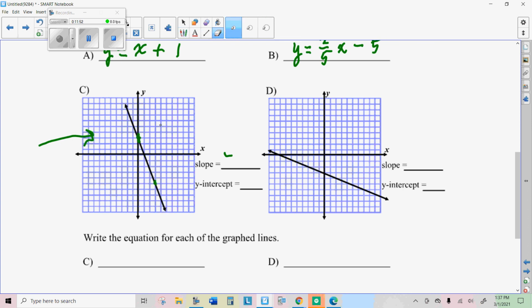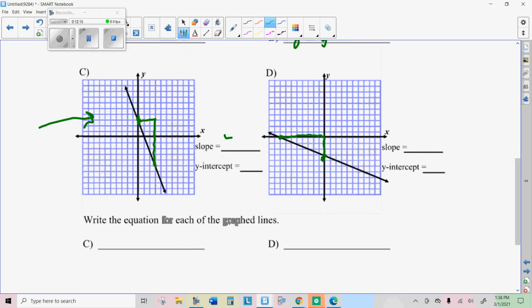Why don't you use those 2 points? Draw it in like that. Okay? And this one, we know it's crossing right here, so I think we can be relatively sure about those 2. So use those 2. All right? Give it a shot. See if you get them right.